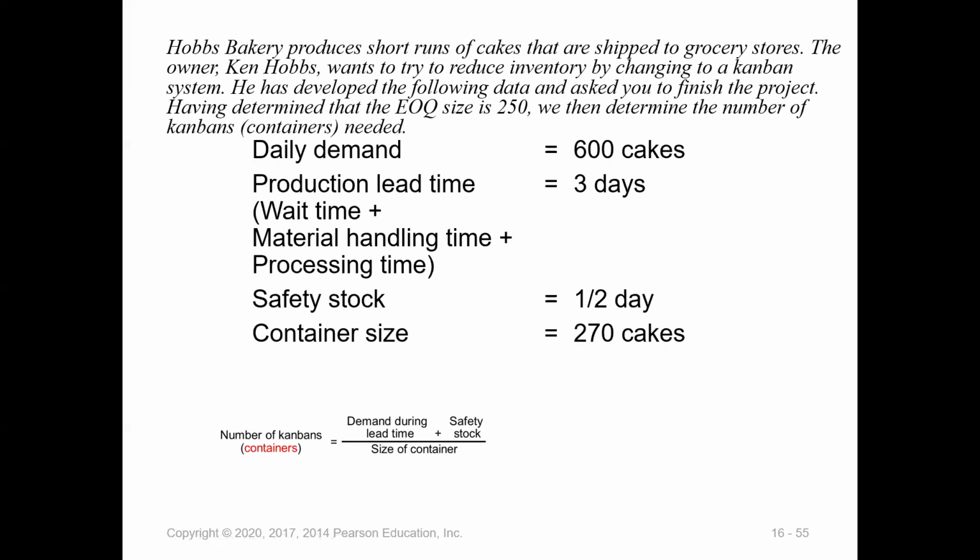Bakery, the owner Ken Hobbs wants to try to reduce the inventory by changing to a Kanban system. He's developed the following data and asked you to finish the project. EOQ size is 250. So if the daily demand is 600 cakes, the production lead time is 3 days. What's the number of Kanbans here?